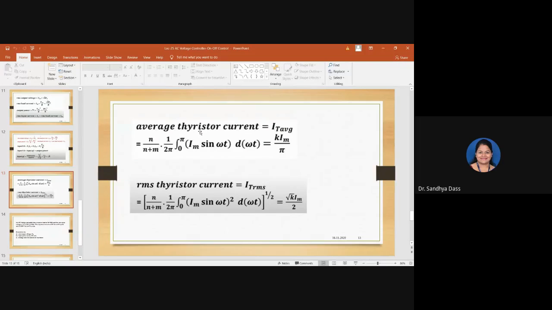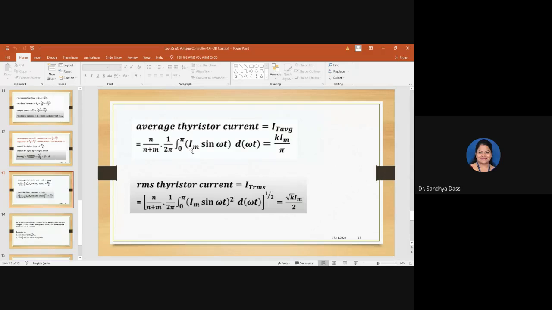The average thyristor current is given by IT average. Again, to maintain the periodicity, you multiply by the duty cycle factor n by n plus m into 1 by 2 pi, because the output is available for the 2 pi radians, the one complete cycle. The limits you apply are for a particular thyristor, that is 0 to pi.